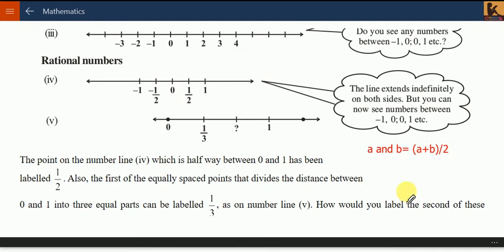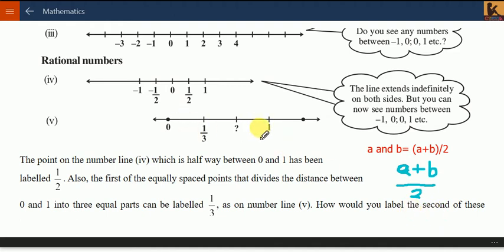In other words, you can also write it as (A plus B) by 2. This is also the formula for the average. If two numbers are there and you have to find the average, or a midpoint also, this will actually give you the midpoint between two numbers.